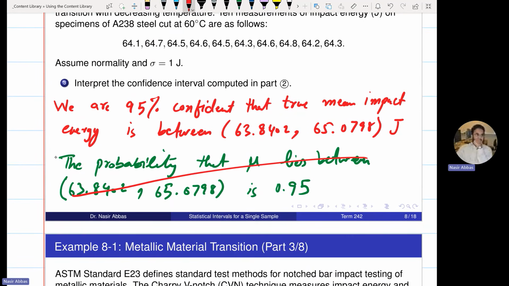I will give you the reason. You will probably see one of the multiple choice questions asking you for the interpretation, and this kind of interpretation will be there. This is a classroom. How many students are here? Let's say 35 students.